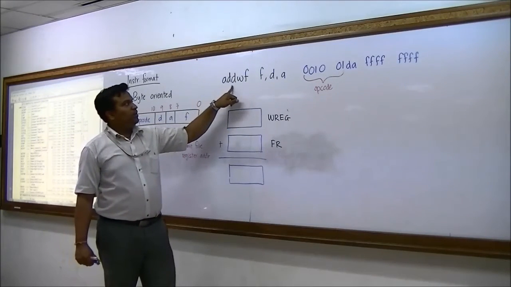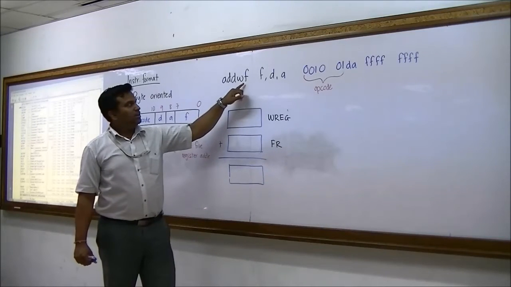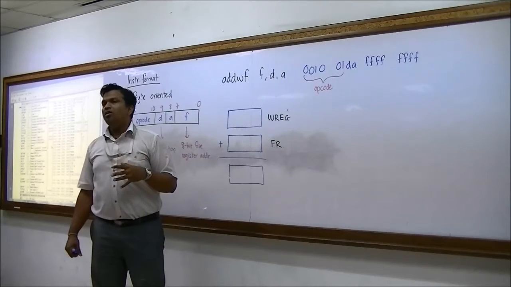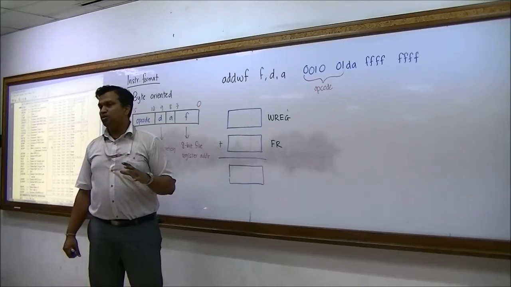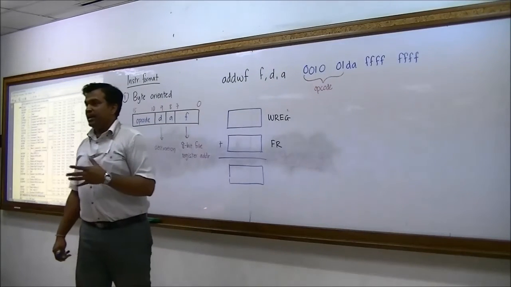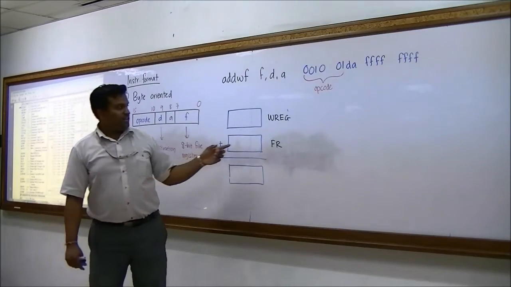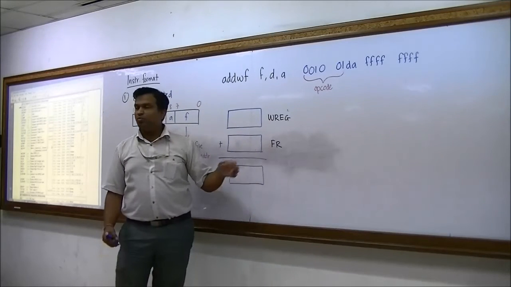When we add the content of the working register to the file register, the working register is a special function register. All the addresses of special function registers are already known to the CPU. That means the CPU knows the address of the working register already. But then you want to add to the file register, right? For this file register, you need to provide the address.